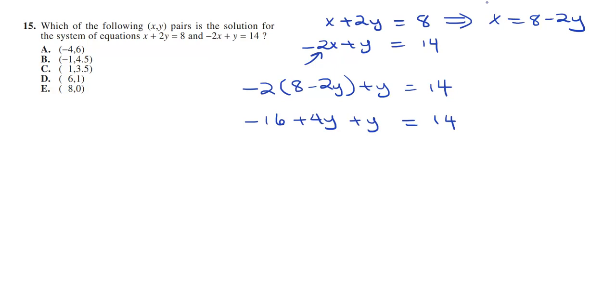So 5y is going to be equal to 30 and y equals 6. So when you're doing a test like this, when you get a value, just check the different answer choices and see if there's a value that matches what you're looking for. And I can see here that y equal to 6 only shows up in this answer choice, so I don't need to go further. Remember, I have only 1 minute to answer questions, so the faster you can get through this, the better.